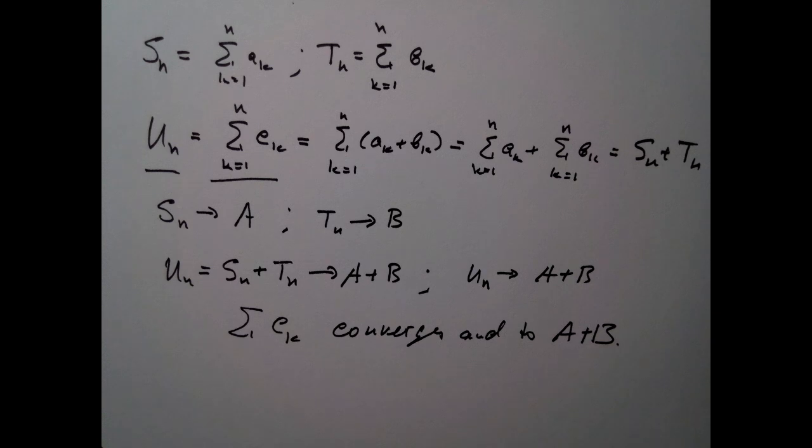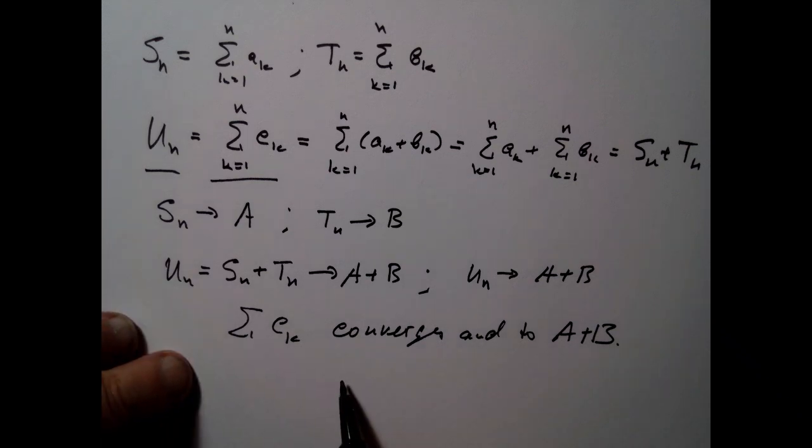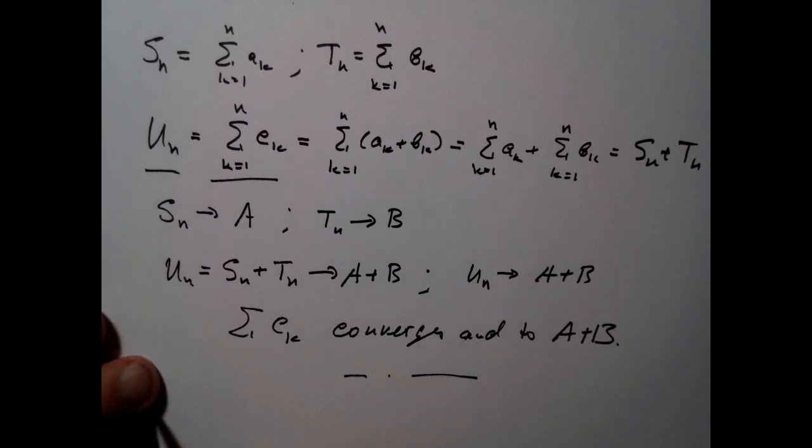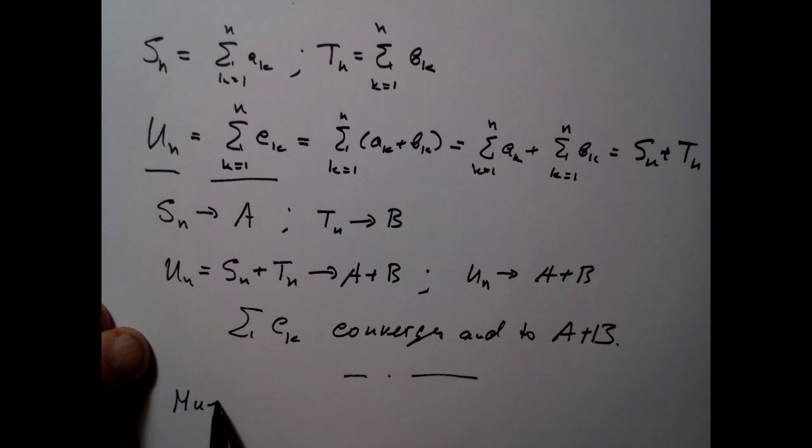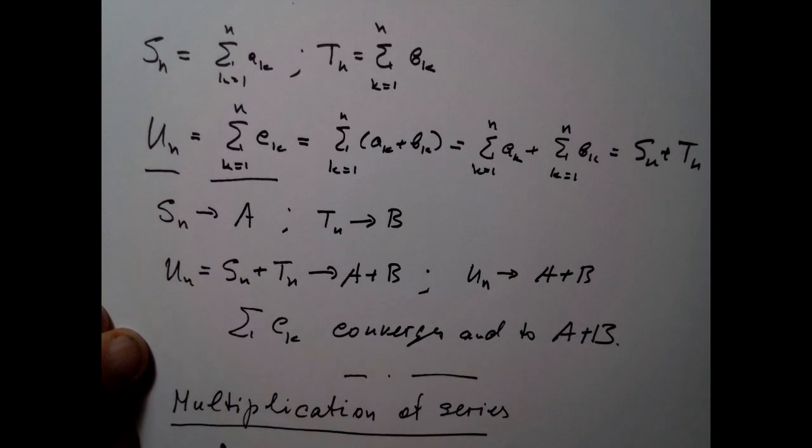What should we do next? Can you take a wild guess? Well, my next step is to try and define multiplication of the series. Okay, so now I have the sum of an and the sum of bn.